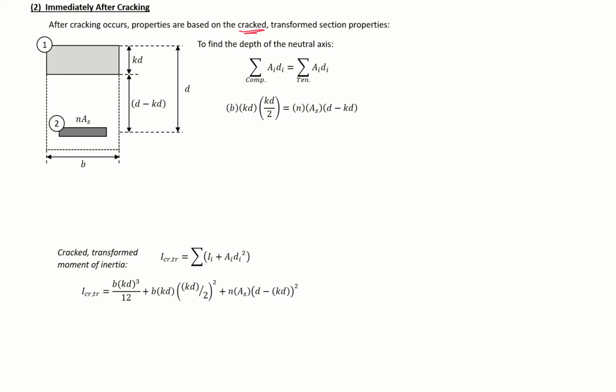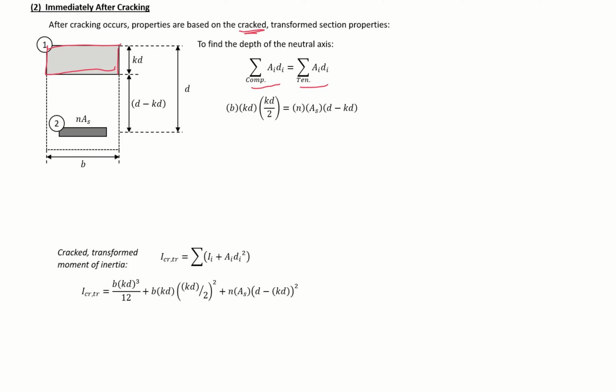To find the depth of our neutral axis, we can sum the areas times the distance to the neutral axis of all of our areas in compression, and set it equal to all of our areas in tension. So here we have our uncracked concrete as our only compression component, and we can note that we neglect our cracked concrete, so we're neglecting all of our concrete in tension.